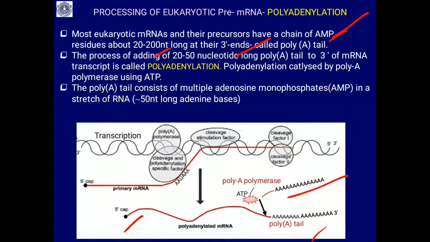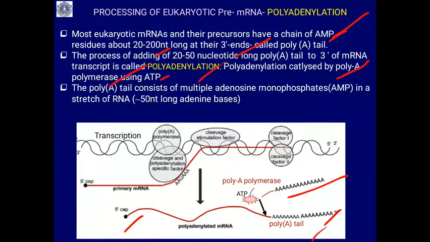This is added after transcription, and the process is called polyadenylation. It is catalyzed by an enzyme, poly A polymerase, using the energy from ATP.